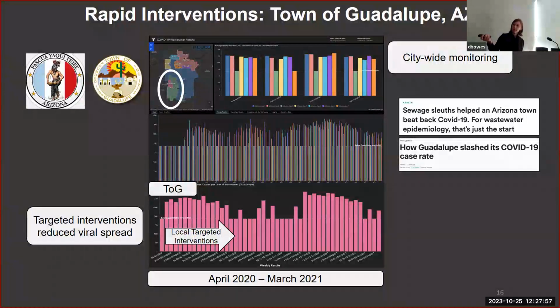With those efforts, we did see concentration levels decrease later on. And this did catch quite a bit of attention in terms of how we can use wastewater as a way to rapidly deploy an intervention. My favorite was they called us sewage sleuths, which I thought was t-shirt worthy. But very much, it felt really great to feel like we were really part of something, really contributing to public health.